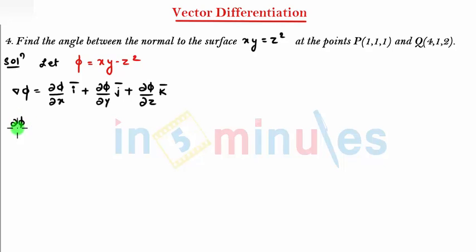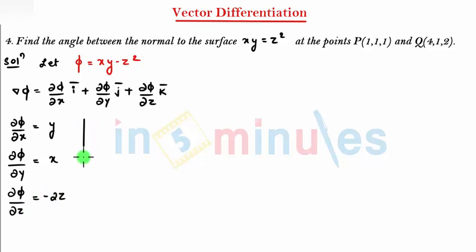Phi with respect to x gives y, phi with respect to y gives x, and phi with respect to z is minus 2z.